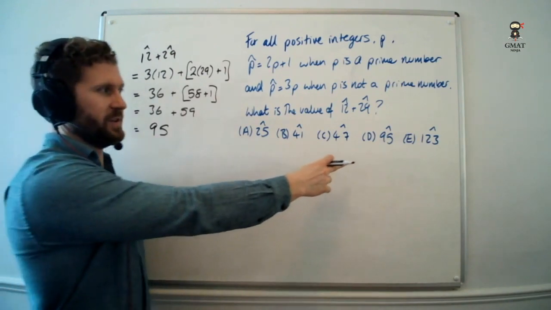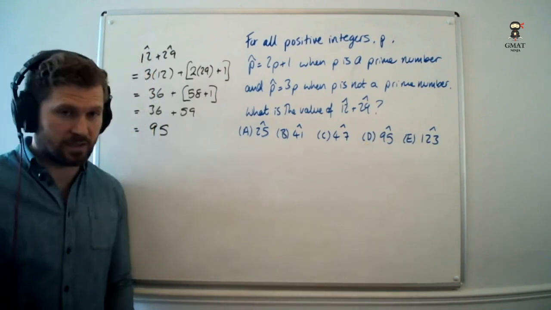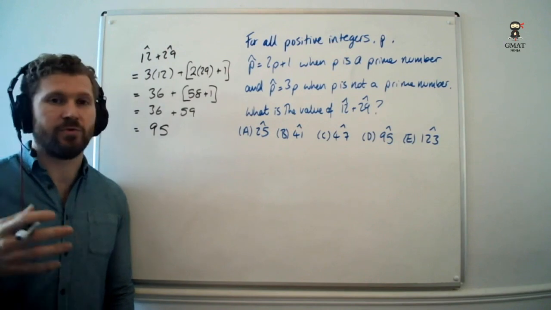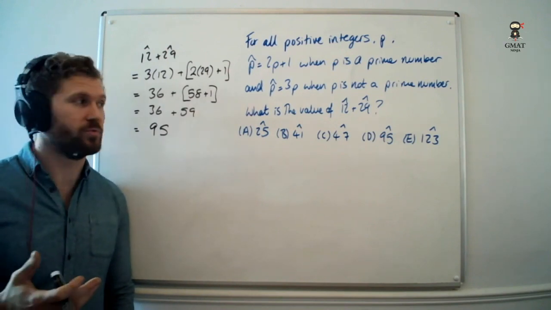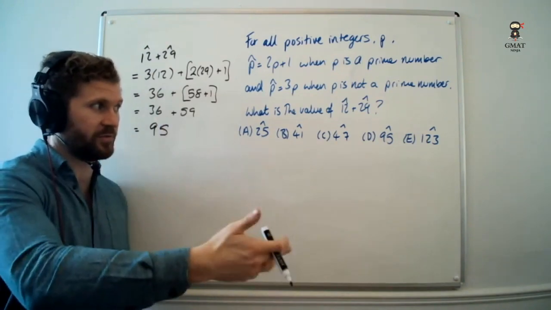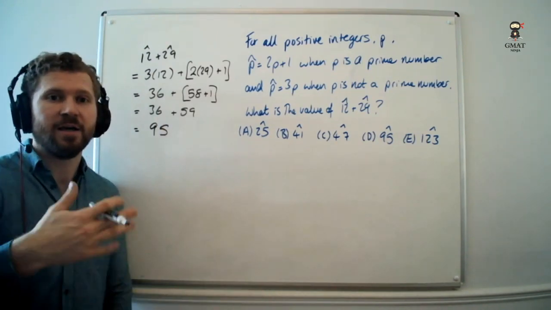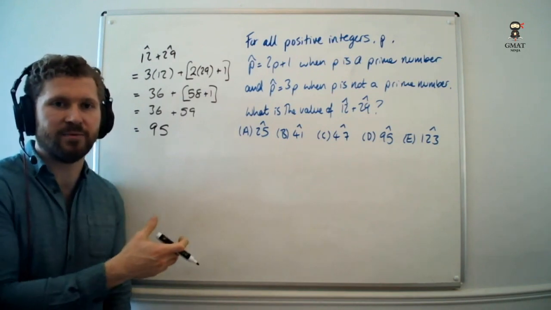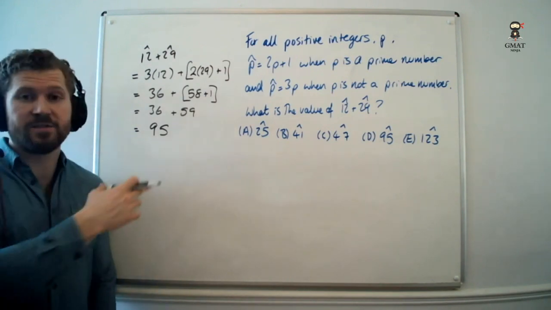Oh, there's a 95 over there. Well, I'll just click D and be done with it. And they don't notice that 95 also has the hat on it. And so for all the answer choices, we can't just say that they are 25, 41, 47, 95, 123. You have to apply the rule to each of the answer choices to know what they really represent, because this 95 doesn't have the hat on it.